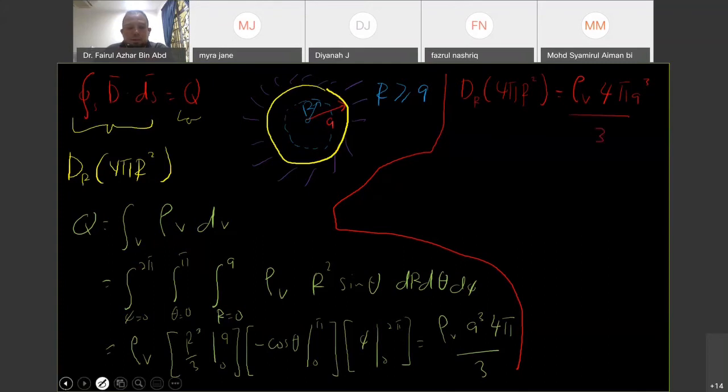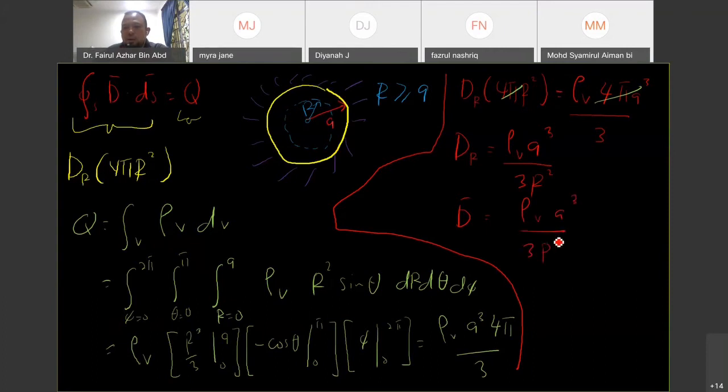Okay, so the 4 pi can be cancelled out, and we will have the expression that represents our D r is equal to rho v a to the power of 3, divided by 3 r squared. So the vector of D is equal to rho v a to the power of 3, divided by 3 r squared. This unit vector is r cap, and the unit is coulomb per square meter.